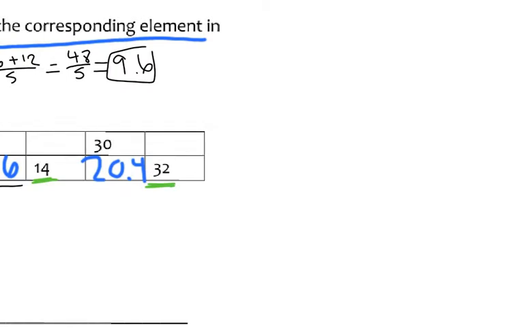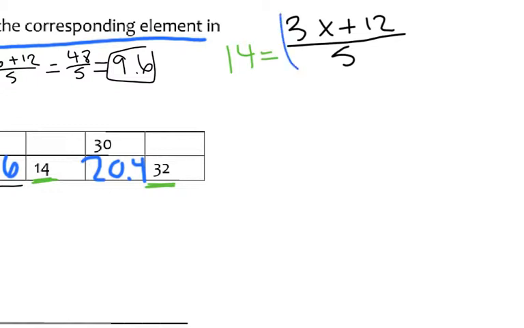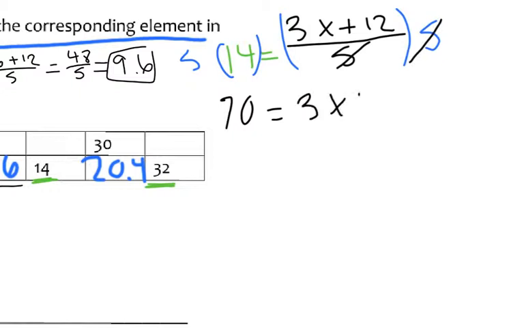So I have 14 equals 3x plus 12 over 5. So, again, multiply by 5 to get rid of it. And then 14 times 5 is 70. Equal, these cancel out, 3x plus 12.